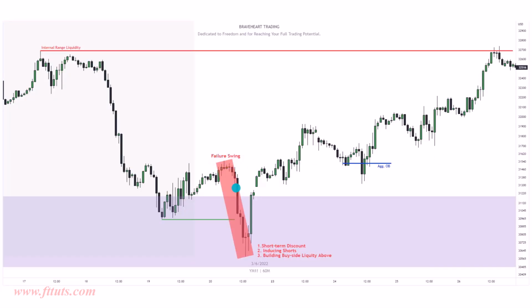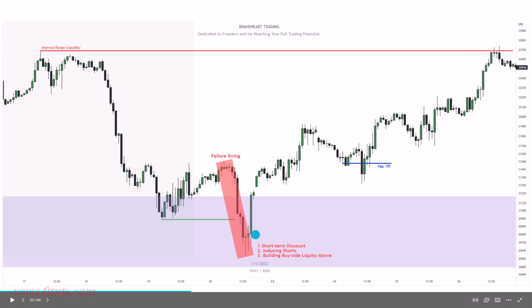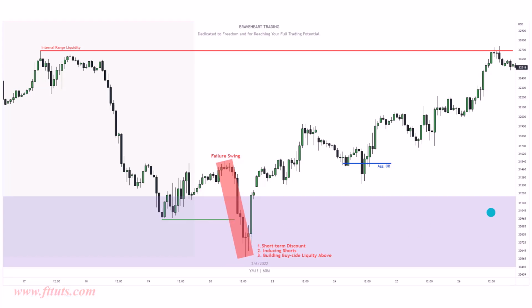This is a fader swing. Okay, what did this fader swing do? Created a short-term discount. We know that when price trades below a low, this is extremely discounted, right? Especially looking at the context with the monthly order block. This is extremely discounted because everyone's going to be chasing down on the breakout and placing their stops above here.